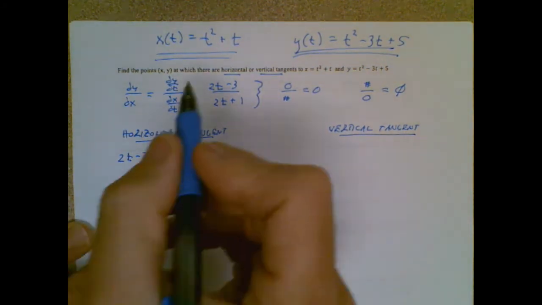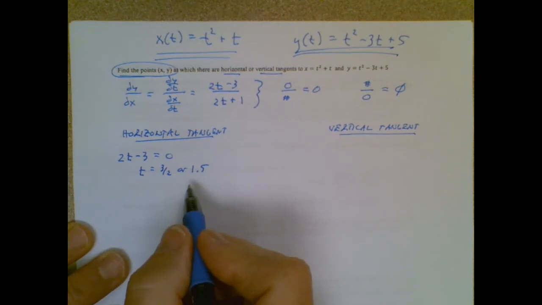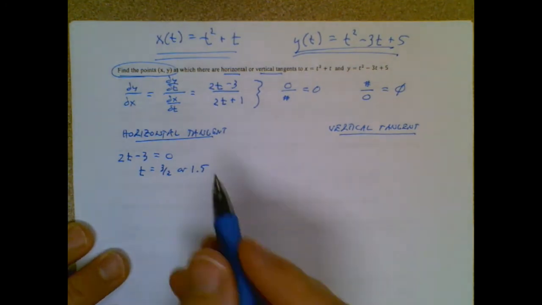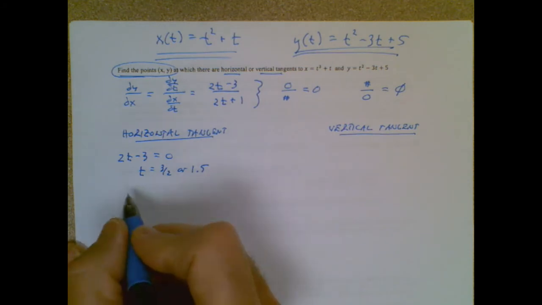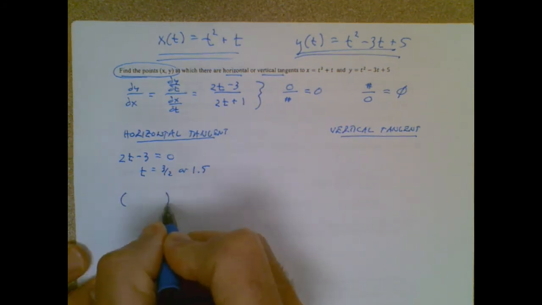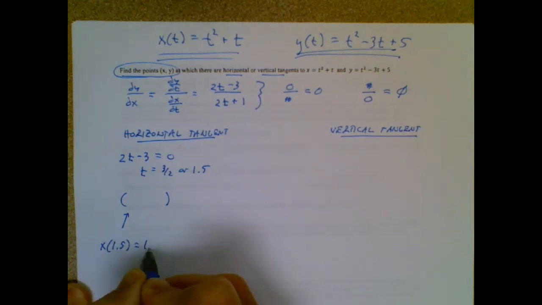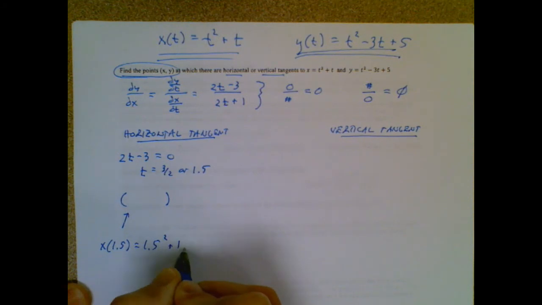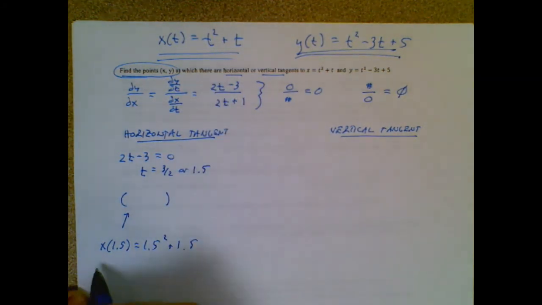So now read carefully, because we were asked to find the point x comma y. We found the time, and sometimes I might ask you for the time or the value of t, but if I want to find the actual point, I need to go ahead and plug in. I put a 1.5 into 1.5 squared plus 1.5. I'm going up to the original equation, and I'm going to put a 1.5 into the y.